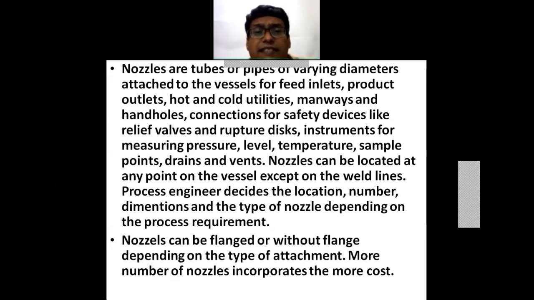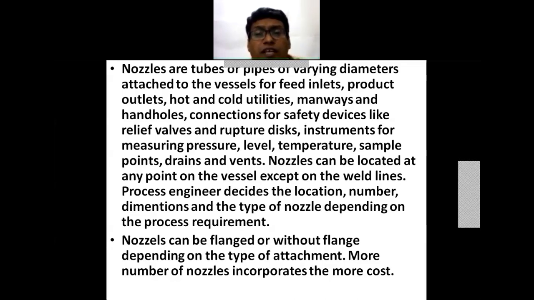safety devices like relief valve, rupture disc, then again for instrumentation and for measuring pressure gauge, pressure, level, temperature, then sample points, then drains and vents, and they are located at any point depending on their use, except on weld lines.